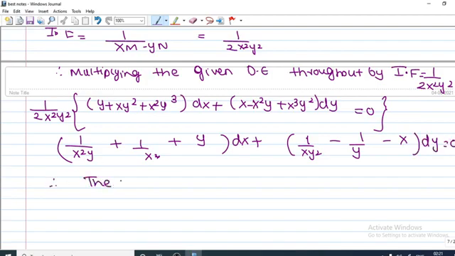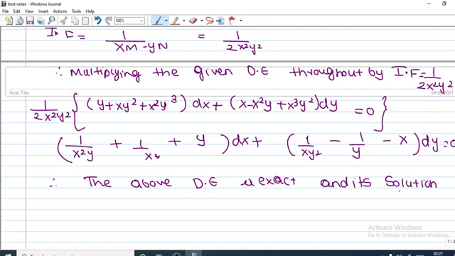Therefore the above differential equation is exact and its solution is given by integration with y constant of 1 upon x square y plus 1 by x plus y.